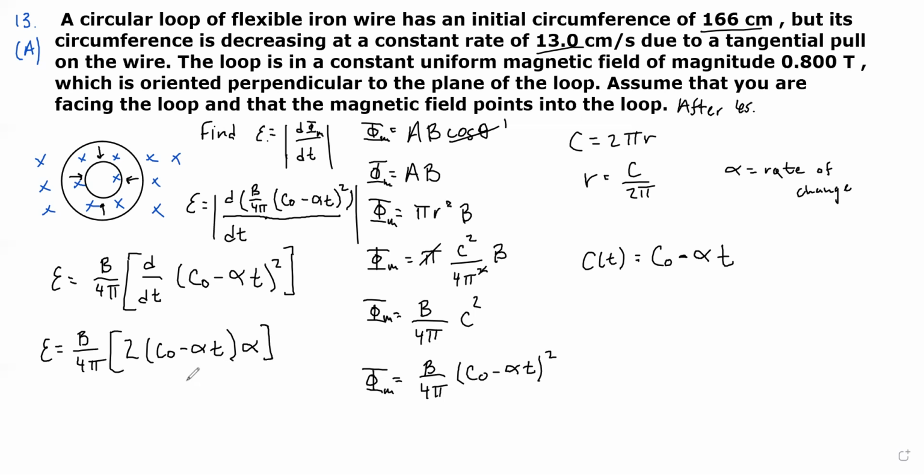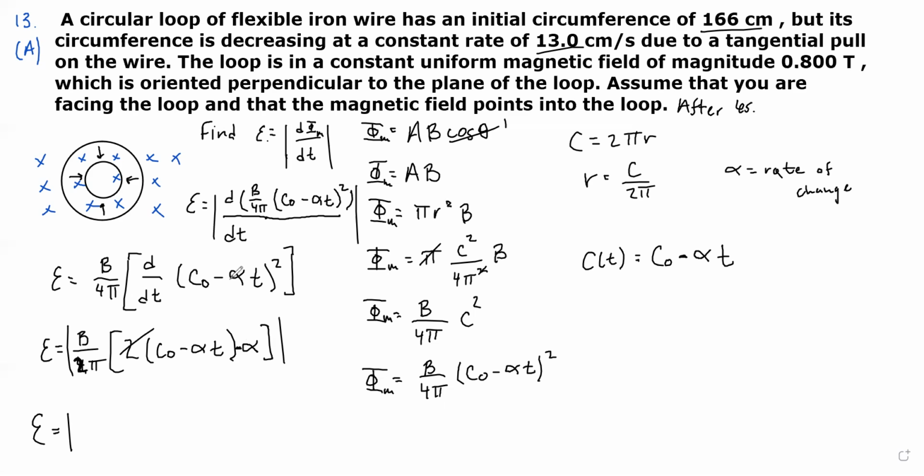Here we have our expression that we can plug our known values into. We could simplify a little bit if we wanted to. I'll put the absolute value bars back on there. 2 simplifies with a 4, so we could make this just a 2 on the bottom. Then we can plug in all our numbers and solve. So our EMF is going to be the absolute value of, oh, I almost messed this up. This is a negative alpha.